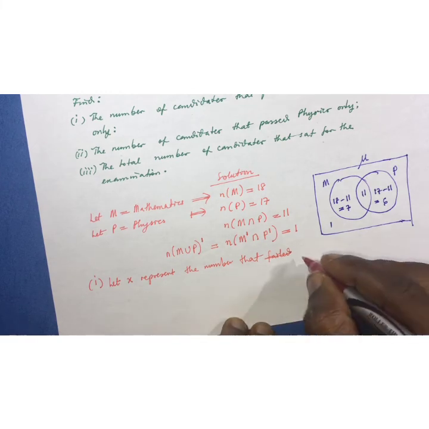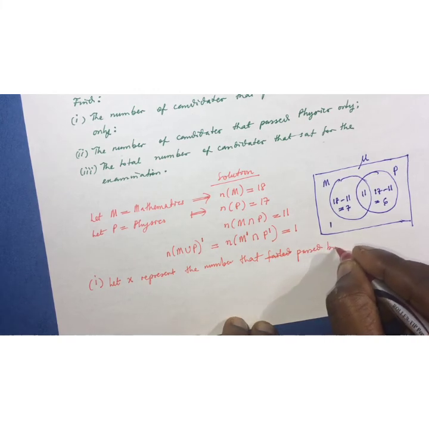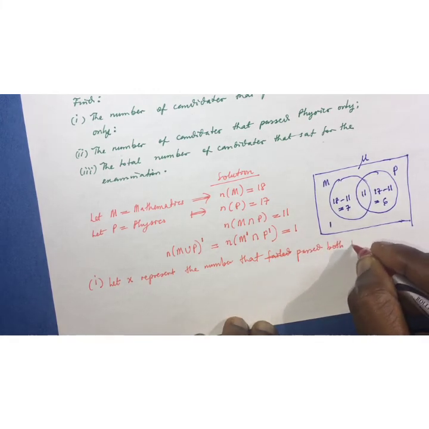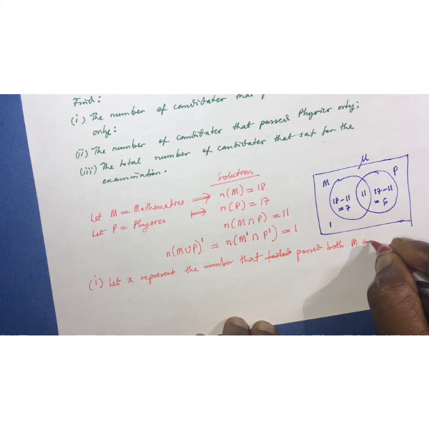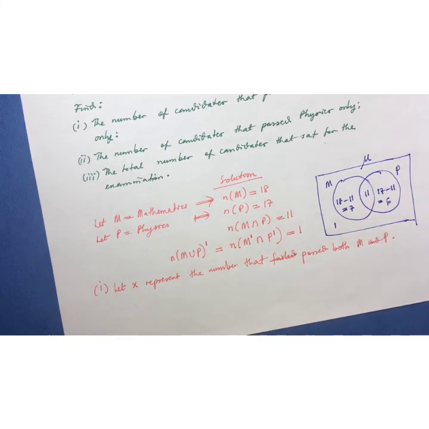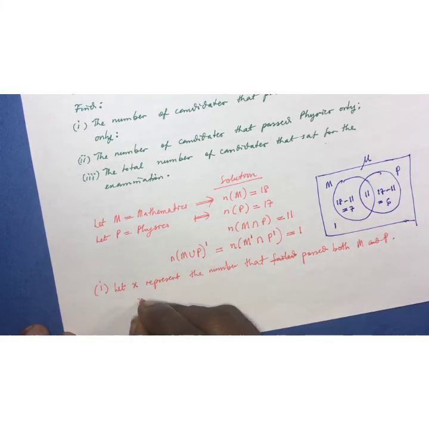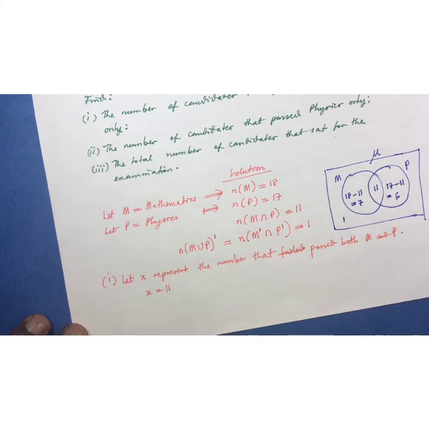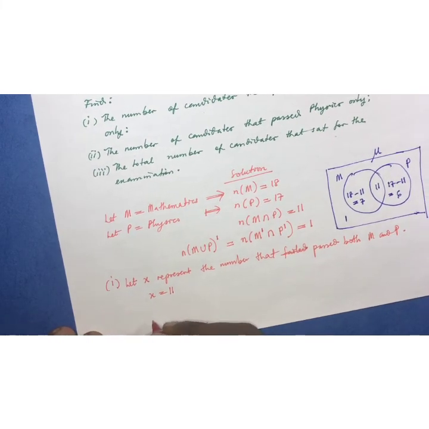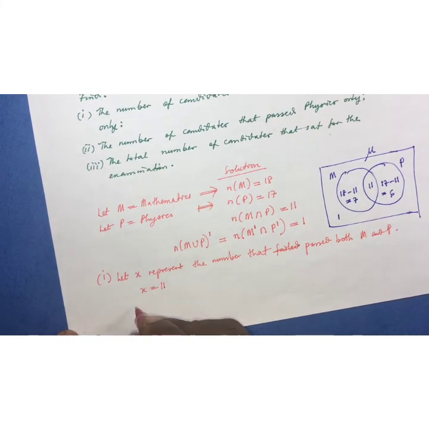Let x represent the number that passed both mathematics and physics. Okay, so now of course x is 11. Now what we are asked to find is the number that passed mathematics only.